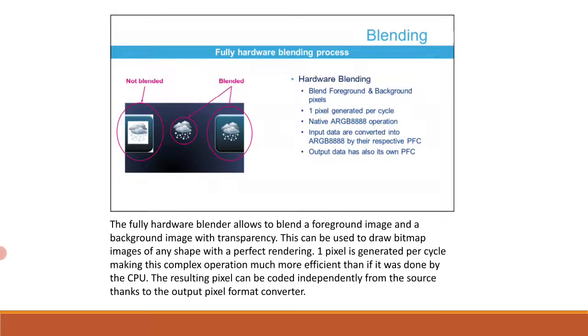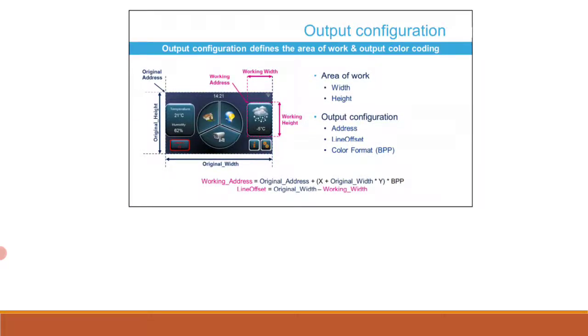So it would be great if we have an output configuration, isn't it? Output configuration defines the work area for Chromate operation. The address and line offset parameters are used to select which sub area of the output is concerned.